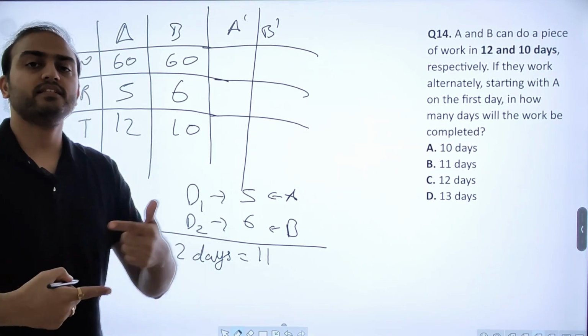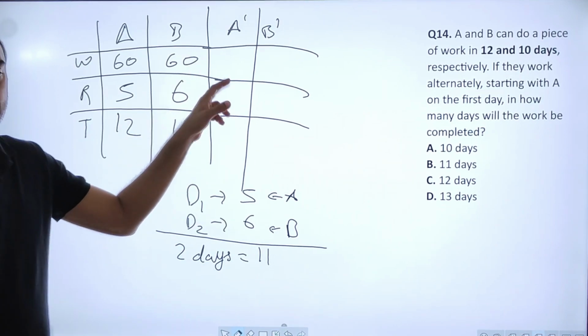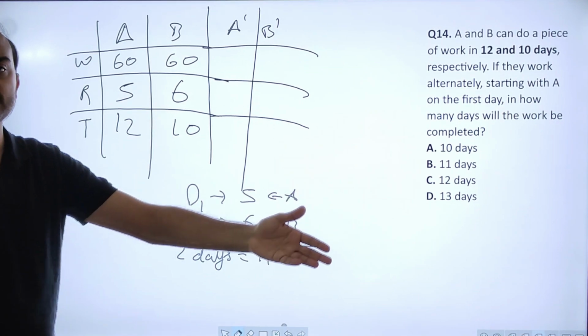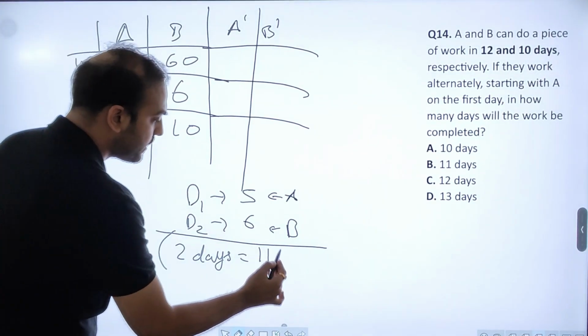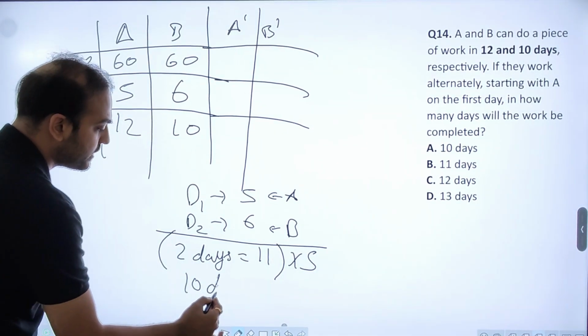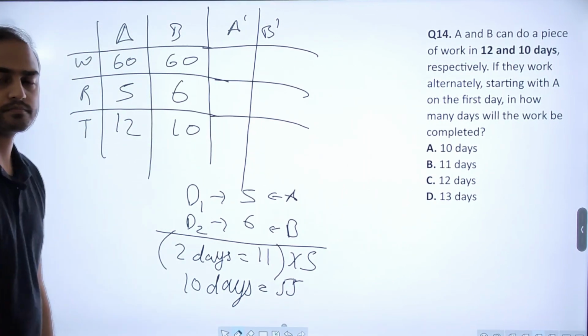So every 2 days, 11 more chocolates will be gone. In total I have 60, so let me multiply this by a number so that I can reach close to 60. I multiply this by 5. That tells me that in 10 days, 55 chocolates are gone.